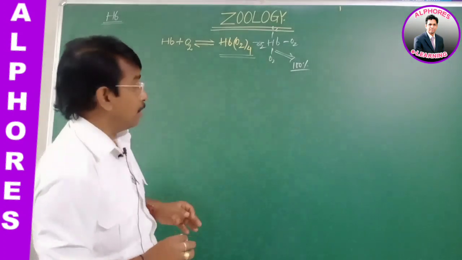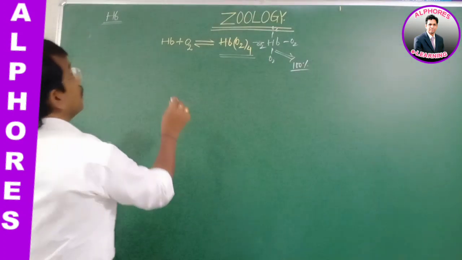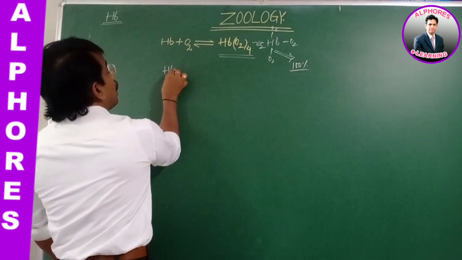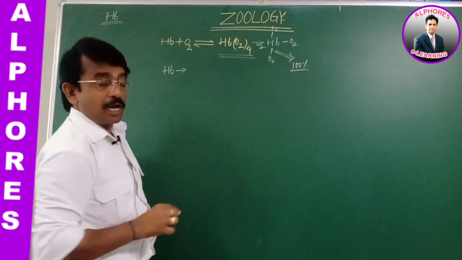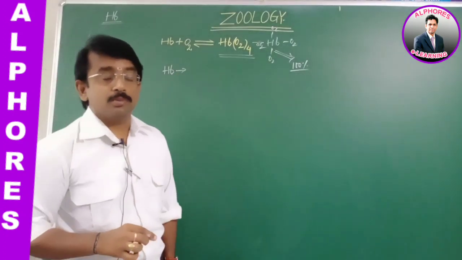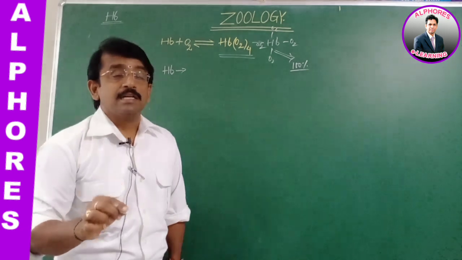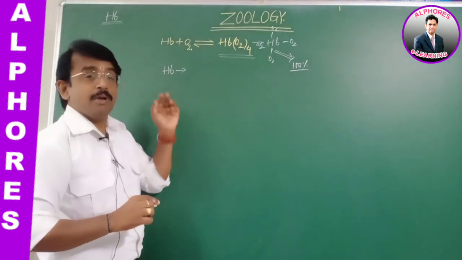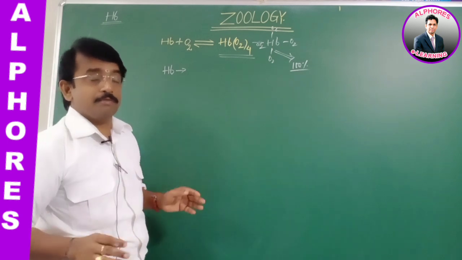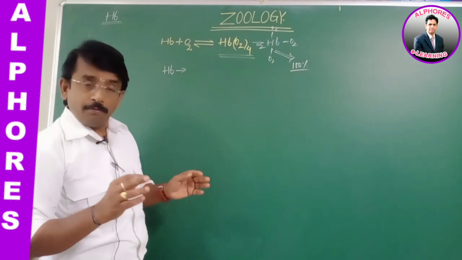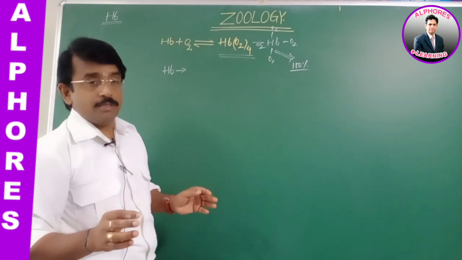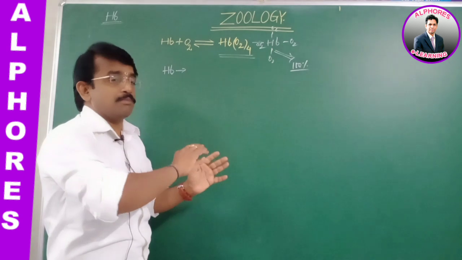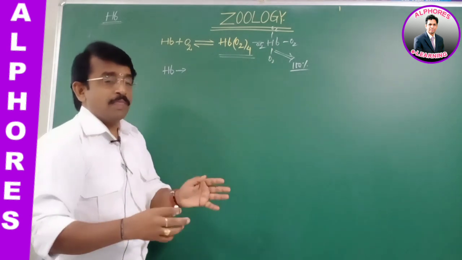Right. So in general, a healthy person must have 12 to 18 grams of hemoglobin per 100 ml of blood. We know the details of the blood very well: 5 to 6 liters, basically 5000 ml of blood is present, and its composition and all the details we will discuss in the circulatory system.